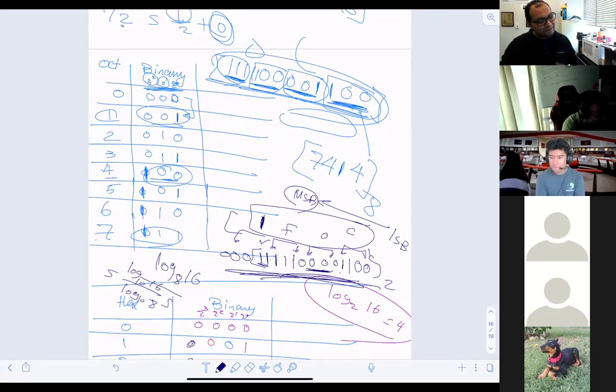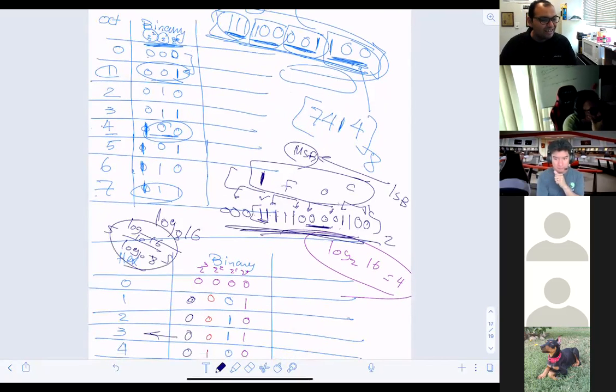So when I do log base 16 of 8, it is 0.75. So what is that supposed to be? Yeah, that's what I did. Let me try that again.